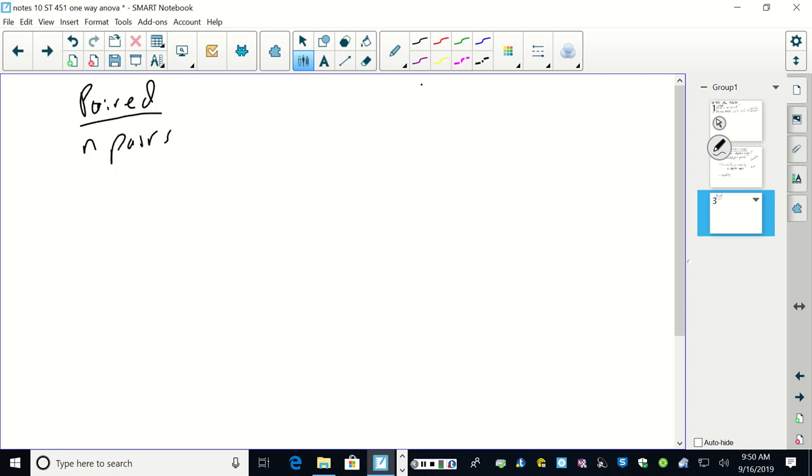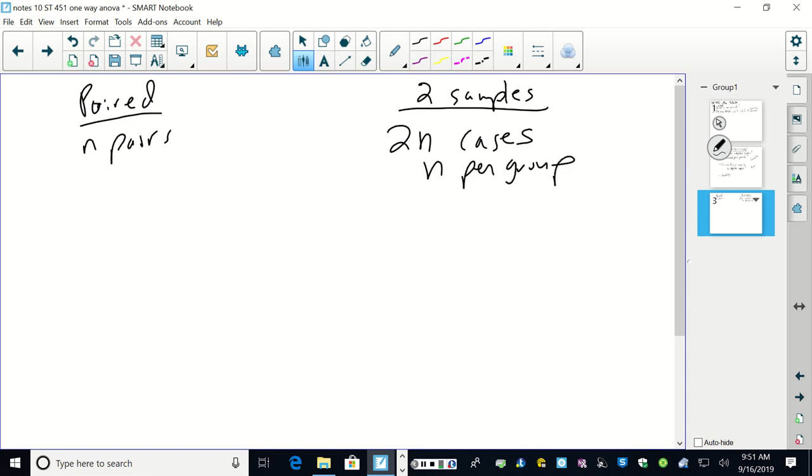But if we had two independent samples, we maybe could have n cases per group, so in pairs, two measurements per pair. So we're getting 2n measurements. Maybe there's some cost savings actually.